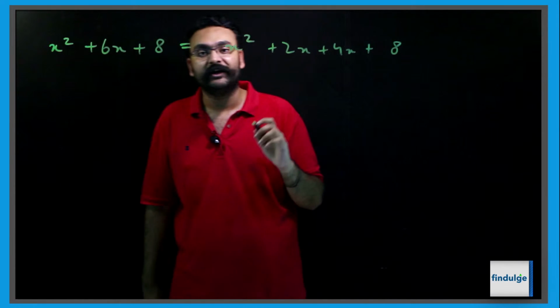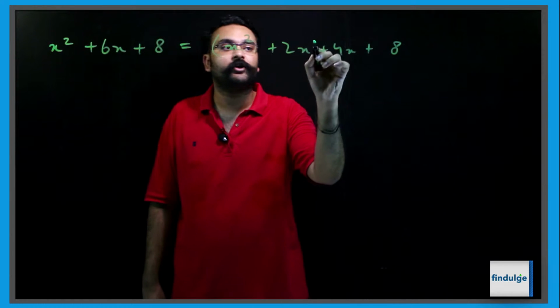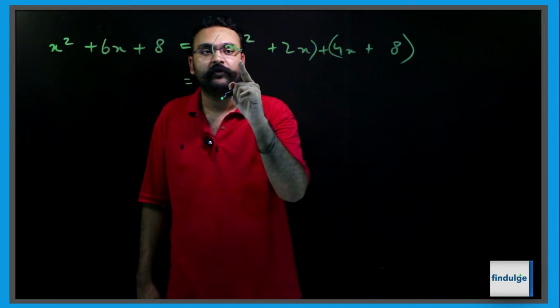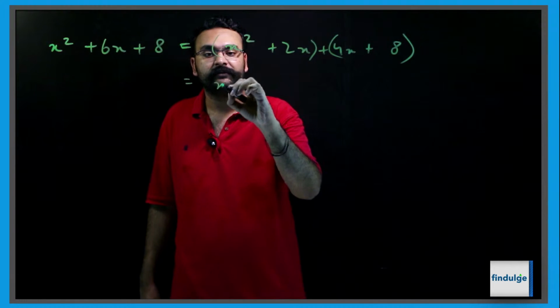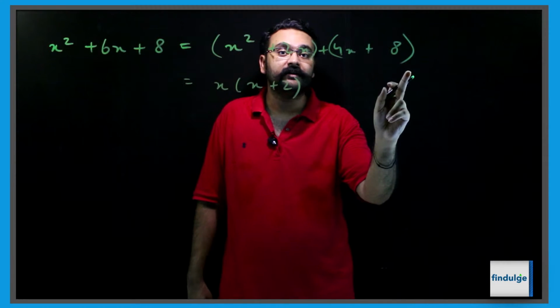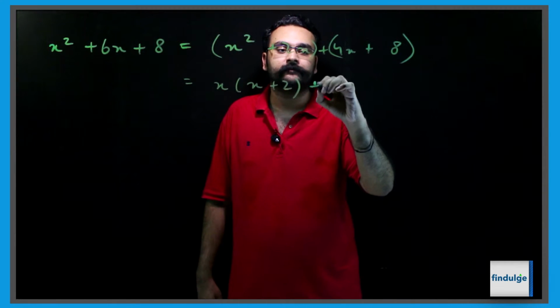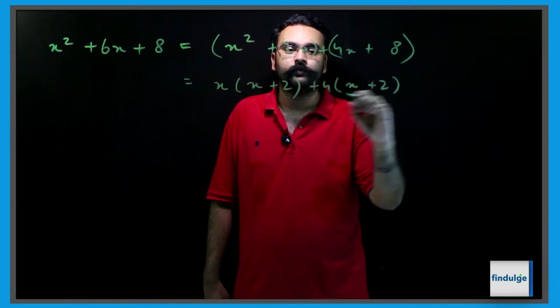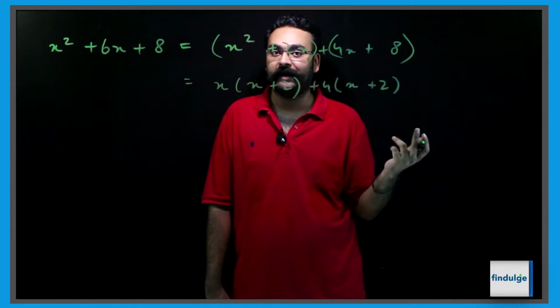Now we can clearly see I can take something common from here and something common from here. From here, I can take x common. In the bracket, I'll be left with x plus 2. From here, I can take 4 common. In the bracket, I'll be left with x plus 2 because 4x and 4 into 2 will be 8.